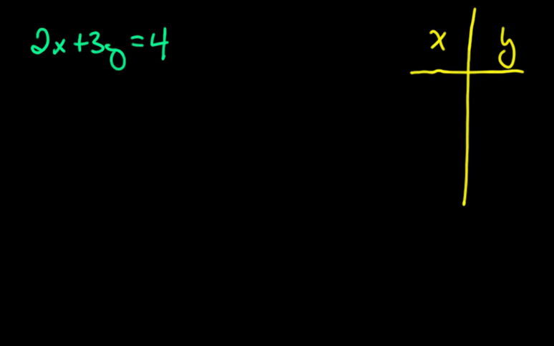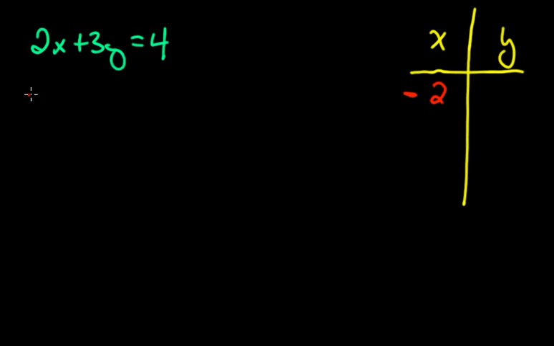So the first x value I want to look at is, I'll say, what happens if we get negative 2 for x? Let me put this in my chart, actually. I think it's the best place. So what do I get if I put negative 2 into x?